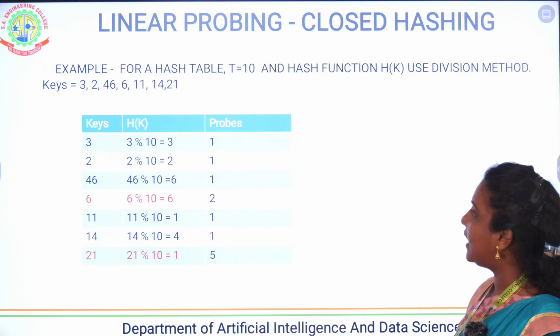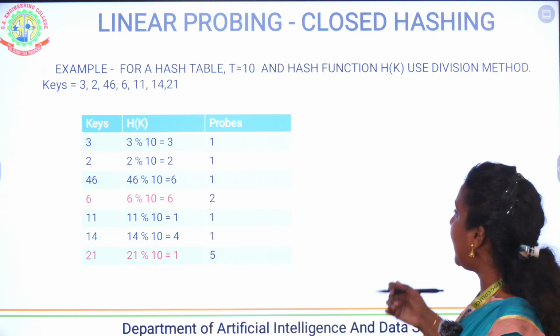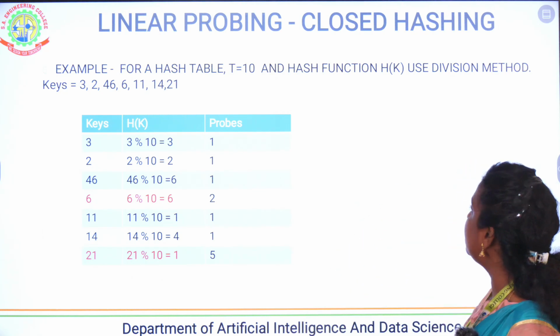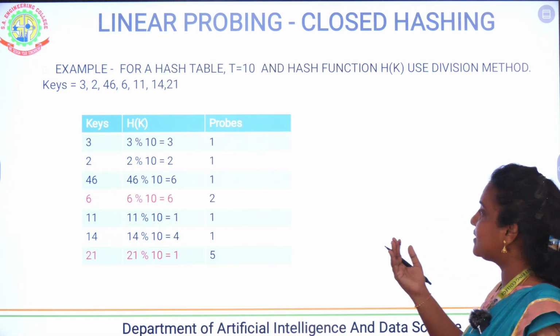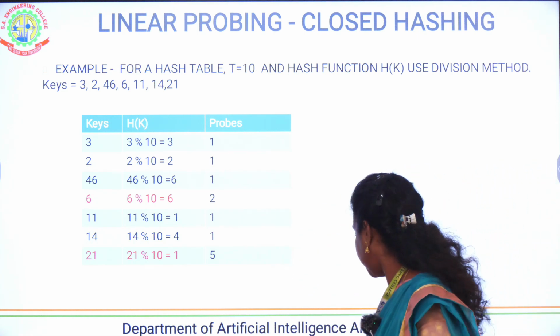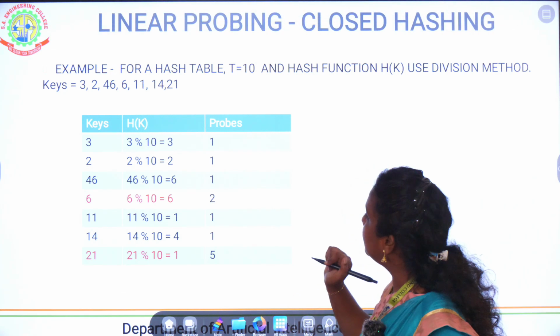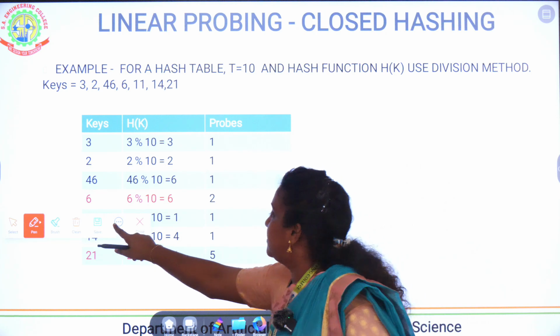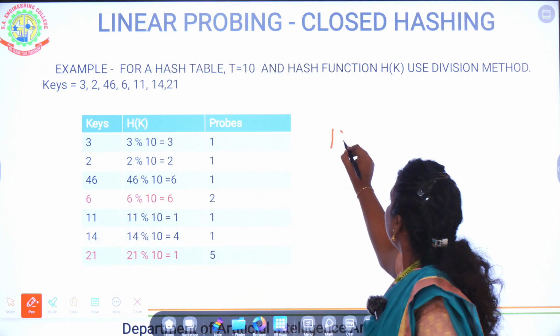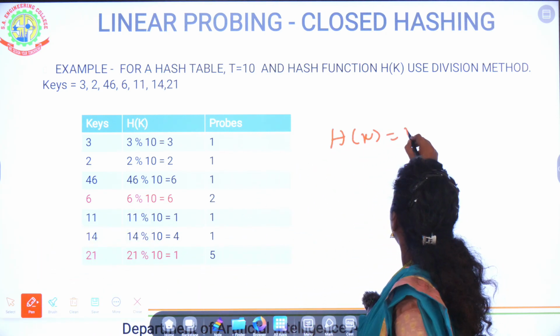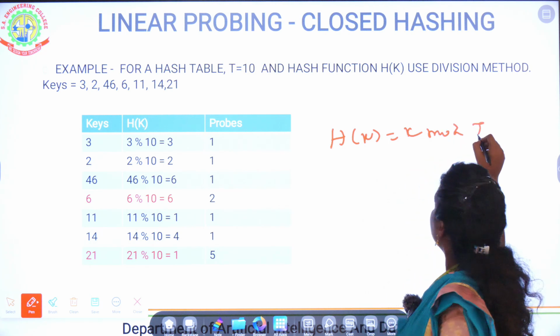So these are the key elements we are going to store in the hash table. The hash function we are going to use is the division method, h of k is equal to k mod table size.